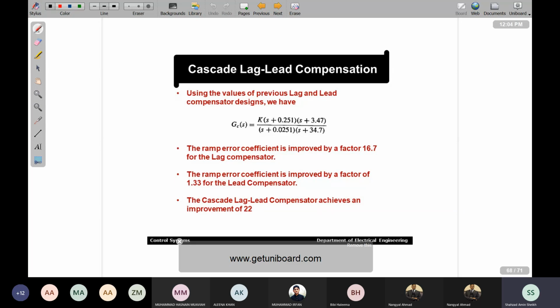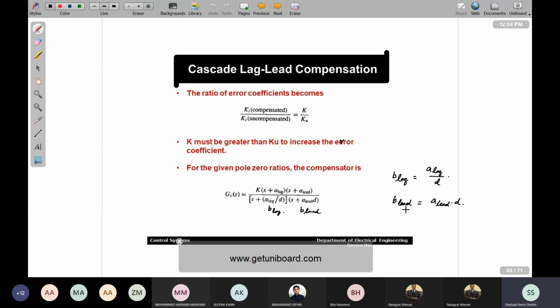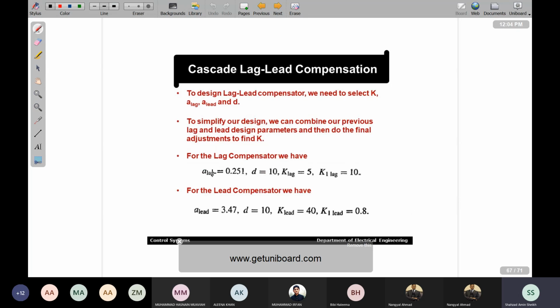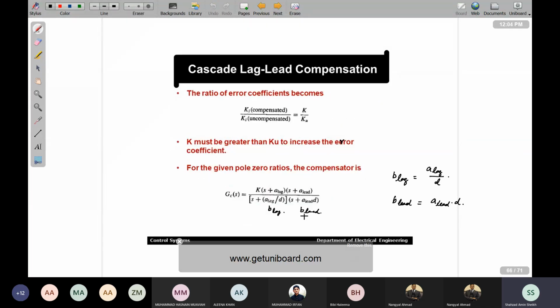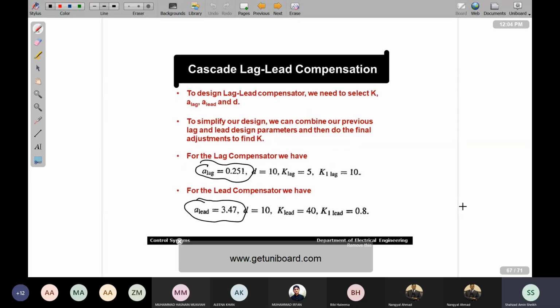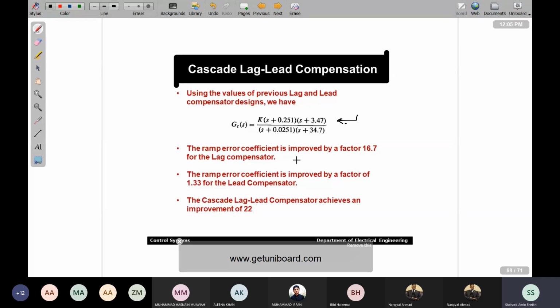Your GC of S, which we have already stated, so this is my GC of S. So in this case A lag and A lead you are getting from here, A lag and A lead you got from here, which were present in the previous calculations. So in this context B lag and B lead you can use these formulas, because D is equal to 10. So finally, we will end up with our transfer function or transmittance of this lead lag compensator or lag lead compensator in this form.